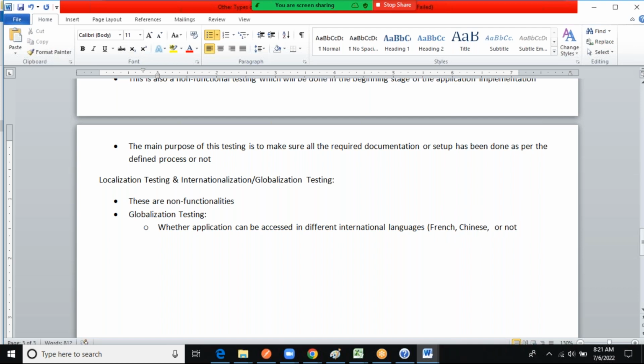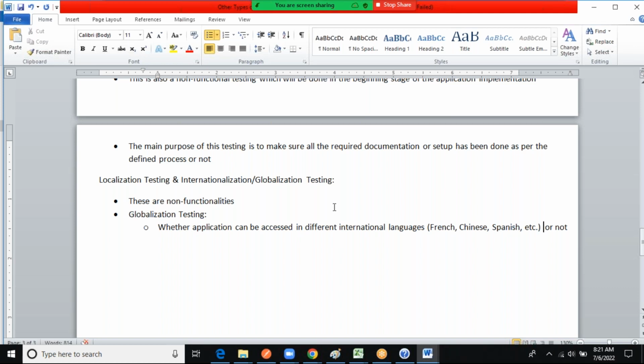So for Chinese and any other countries, if you are targeting Spanish, all these languages are supported or not, it's not like every application should support all these languages. It depends on the business need.